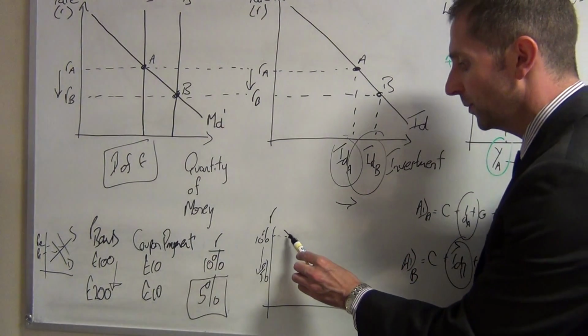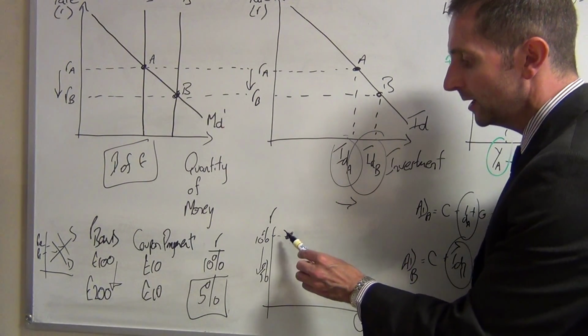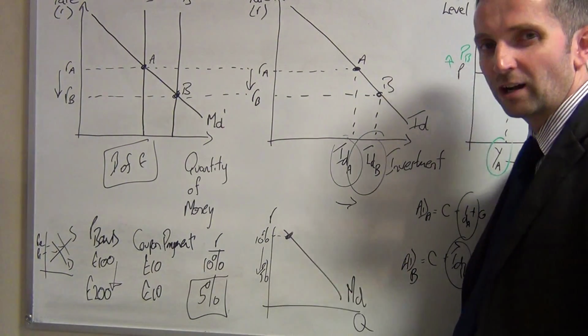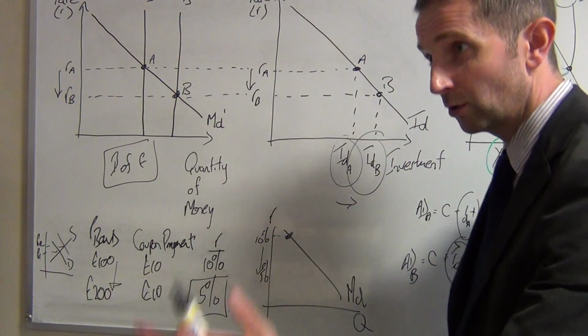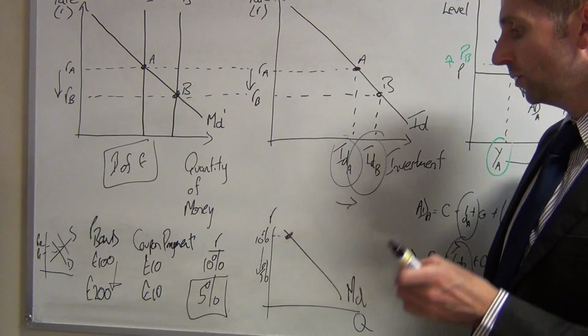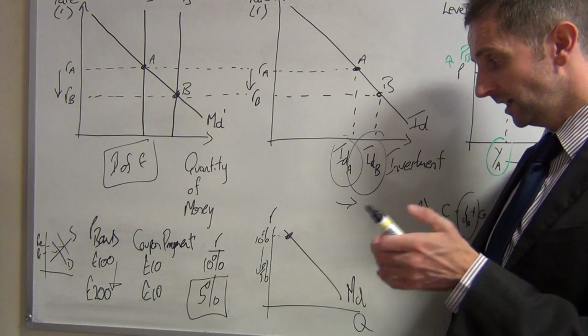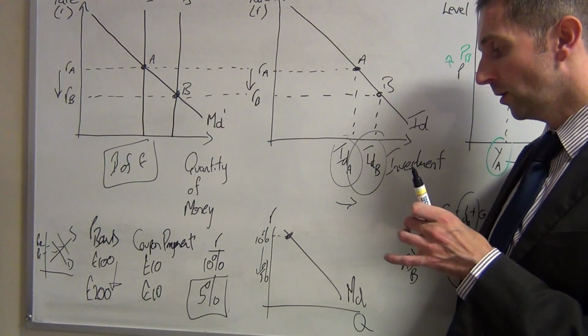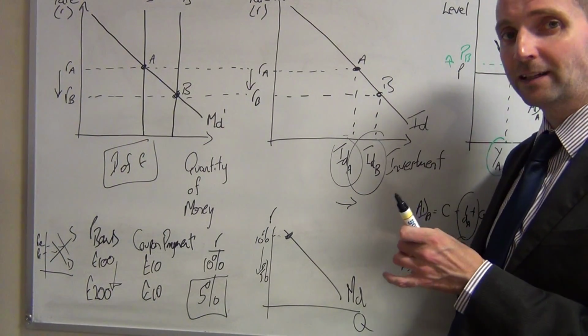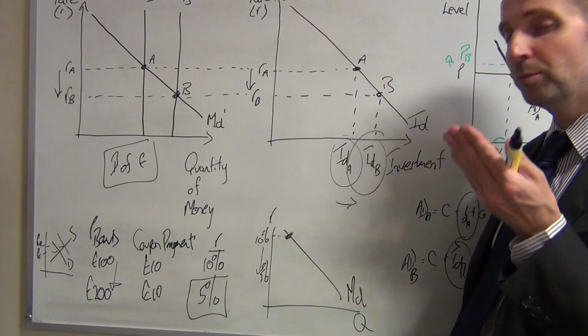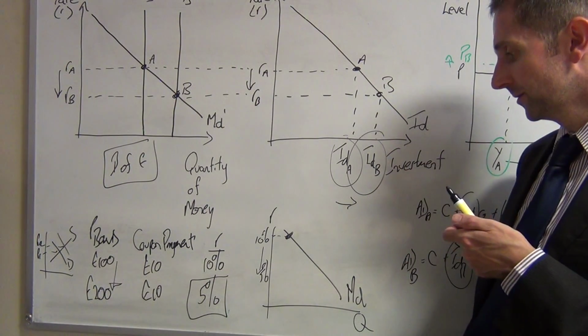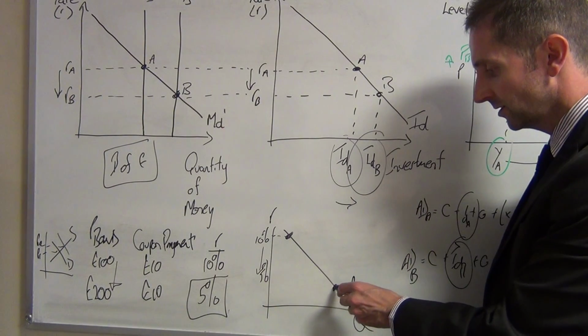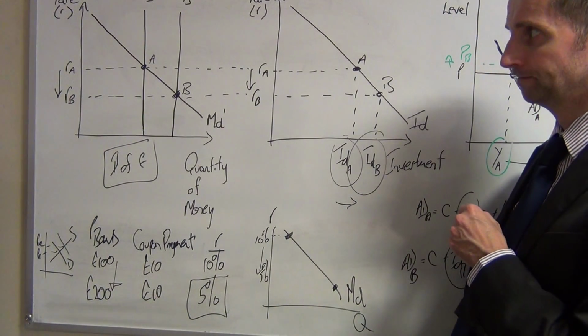And so at this point here, people will not be holding much cash in their pocket for transactions and precautionary demand. They'll want to hold more speculative balances, i.e. they'll put a lot more money into bonds because they expect that the interest rate will fall and that will push up the price of the bond. The opposite is the case if you're at this end of the spectrum.